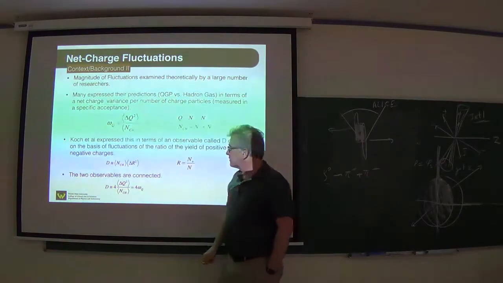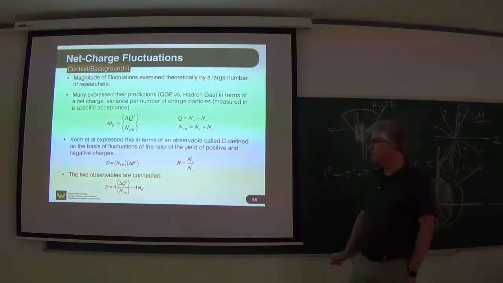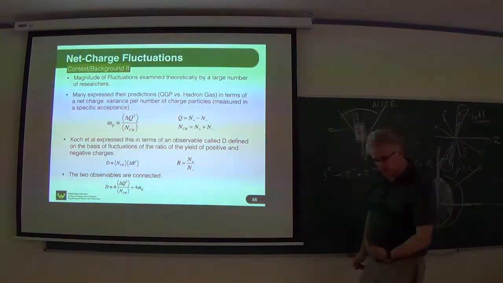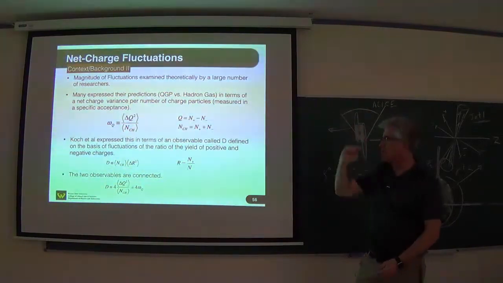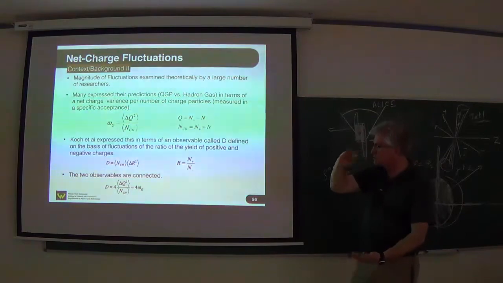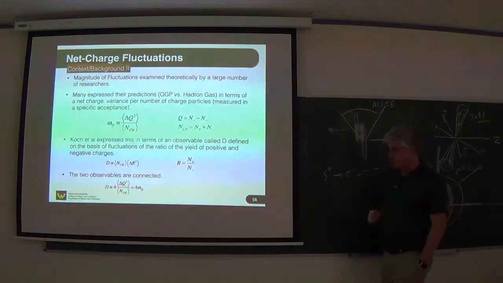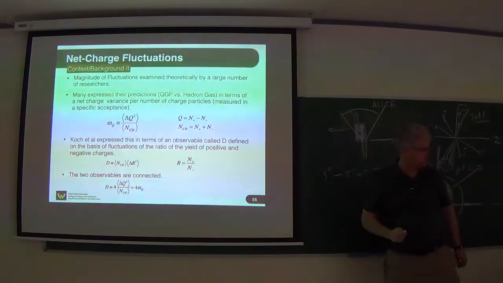Volker Koch and collaborators called this D, and they made predictions for what D should look like. There were very different values for hadronic matter and quark-gluon plasma matter, and so this was deemed to be a very interesting observable to identify the formation of the quark-gluon plasma.